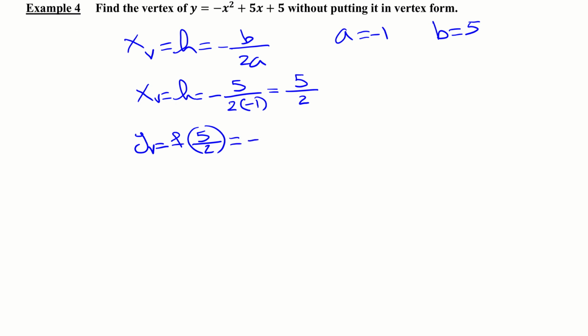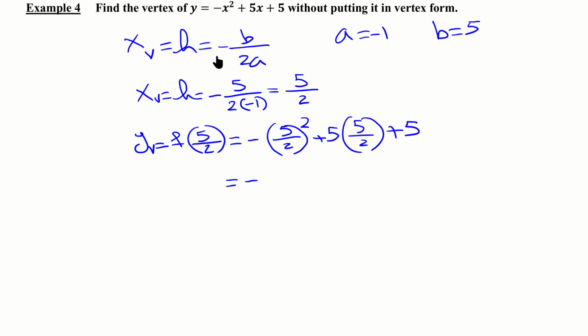So we're going to get negative quantity 5/2 squared plus 5 times 5/2 plus 5. So we're going to get negative, remember that that negative is not being squared, so it's going to carry. So 25 over 4 plus 25 over 2 plus 5 over 1.